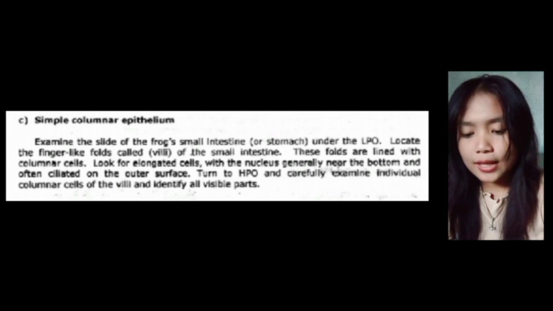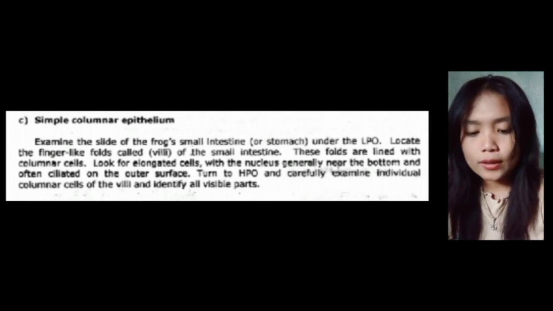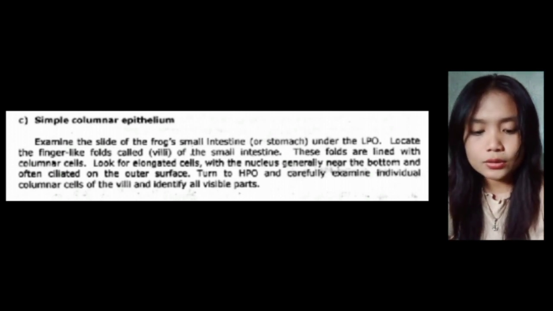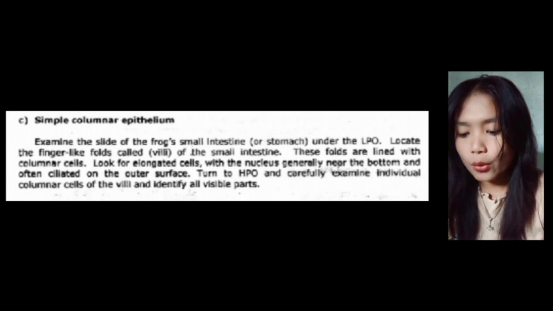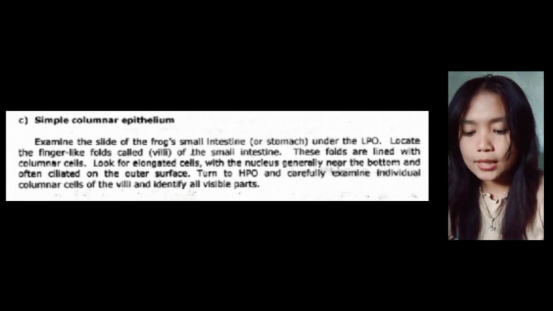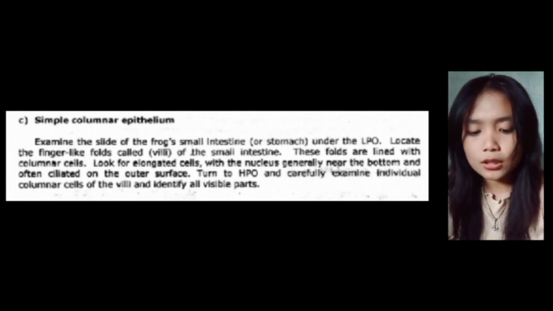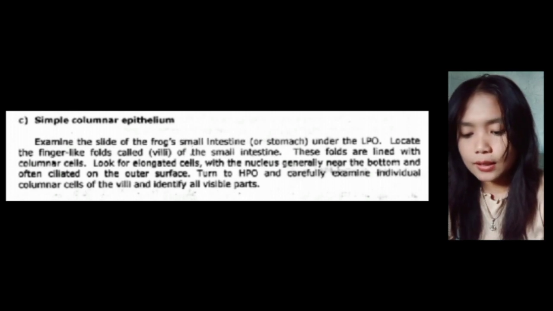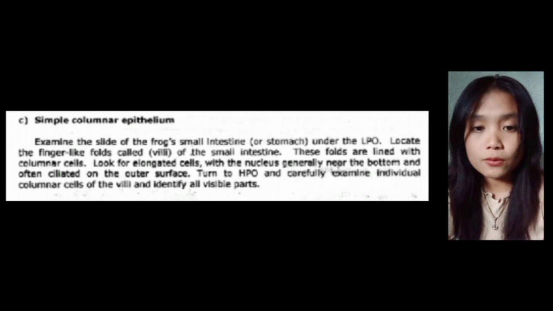Look for elongated cells with the nucleus generally near the bottom and often ciliated on the outer surface. Turn to HPO and carefully examine individual columnar cells of the villi and identify all visible parts.